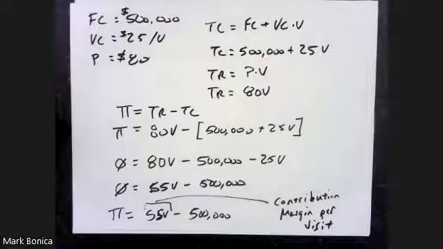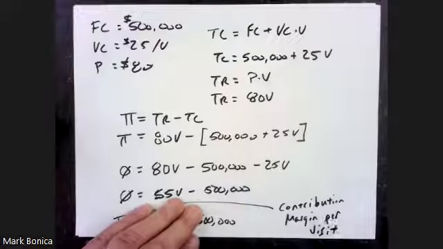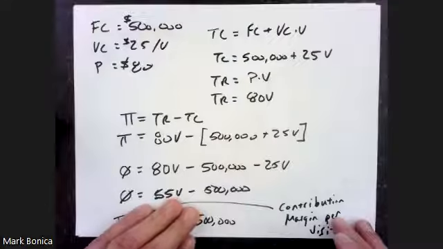Okay. Sorry, covered that up. So the contribution margin per unit is the revenue per unit minus the variable cost per unit. We're going to have more to say about contribution margin in a second.